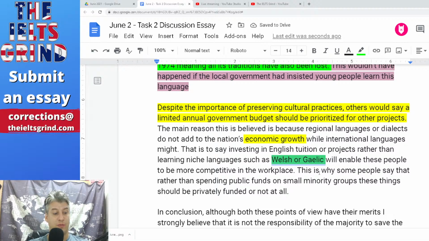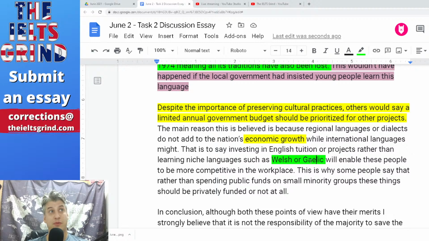So Welsh is the language not everyone, but some people speak in Wales. It's the language that everyone would have spoken in Britain about 2,000 years ago, maybe. And Gaelic is a similar language to Welsh that is spoken in Scotland. And Gaelic is very much like the language spoken in Ireland.